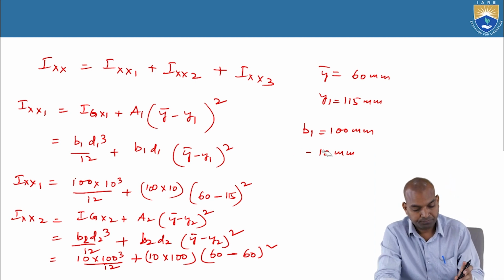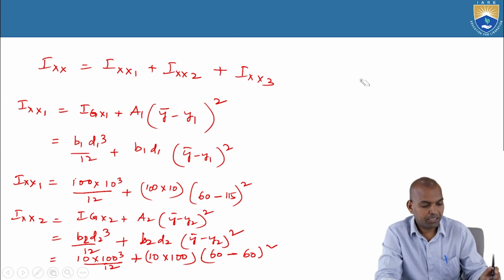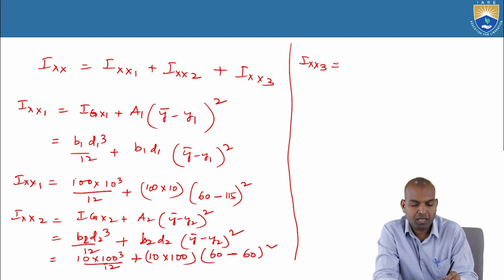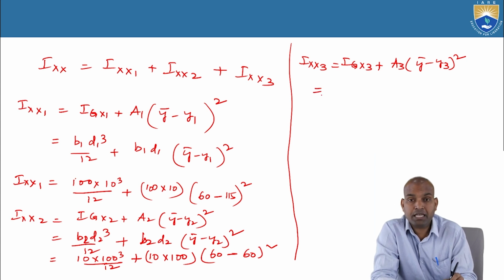Next, what about how to calculate Ixx3? Ixx3 equal to Igx3 plus A3 times bar y minus y3 whole square. What about this Igx3?